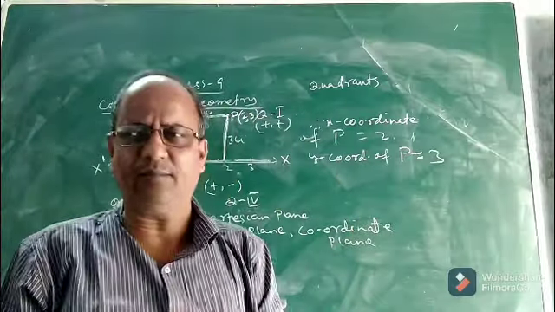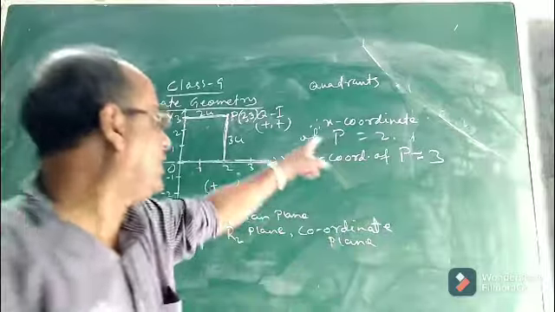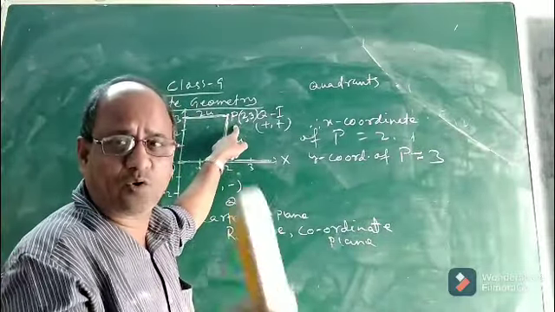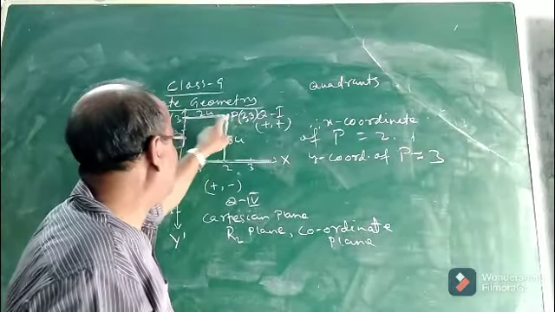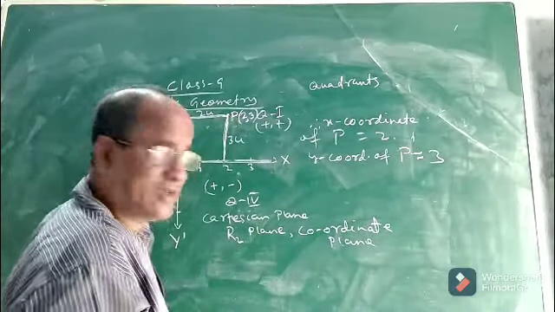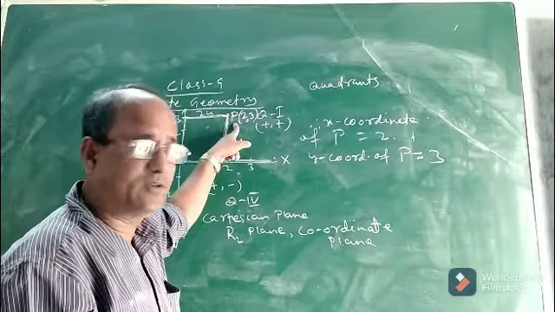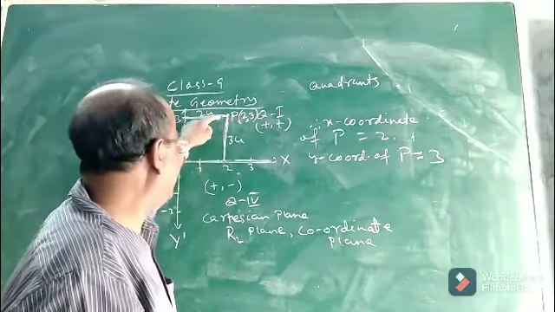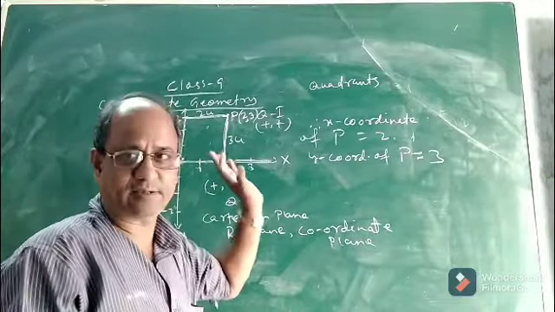So now children, you tell me, you understood I think, what is the x coordinate and what is the y coordinate? The x coordinate of any point in the Cartesian plane is the perpendicular distance of that point from the y-axis, and the y coordinate of any point in the Cartesian plane is what? It is the perpendicular distance of the point from which axis? From the x-axis. Okay.